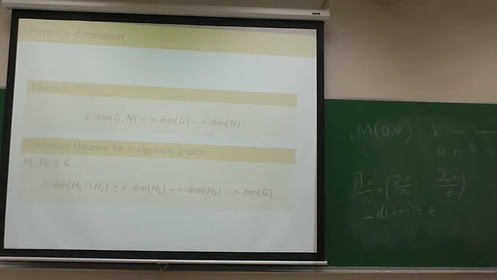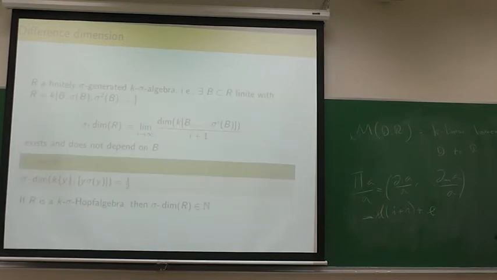So the ideal generated by Y is not prime? In the previous example, this ideal is not prime. If you add Y, then the ideal generated by Y is prime, yes.